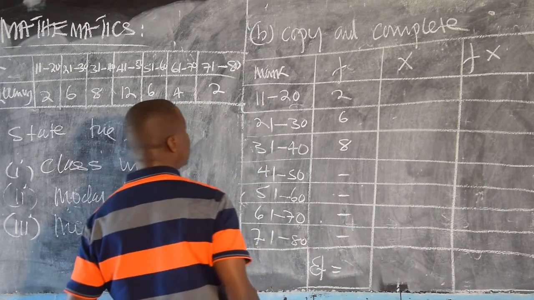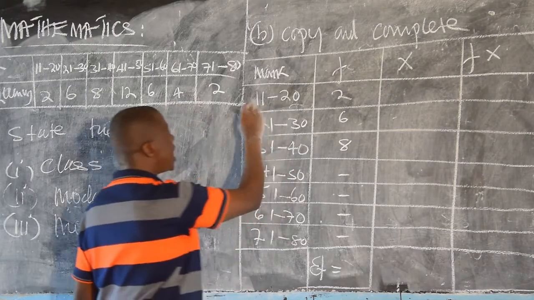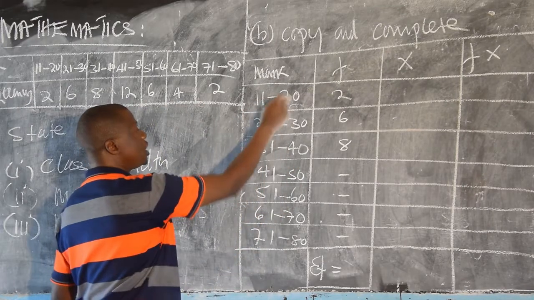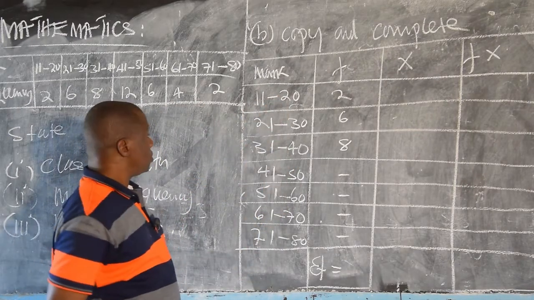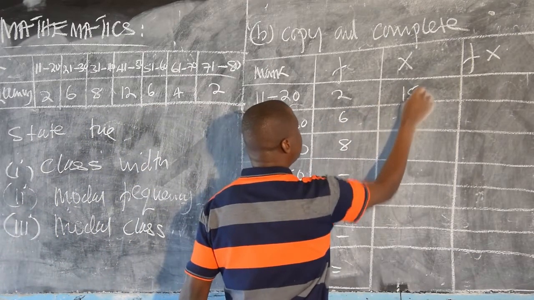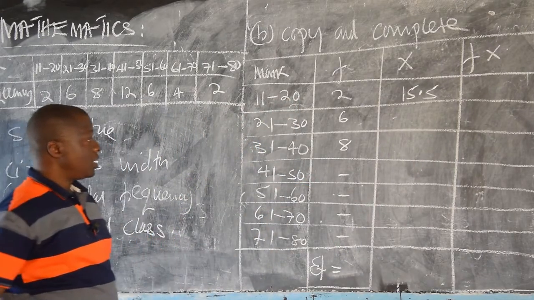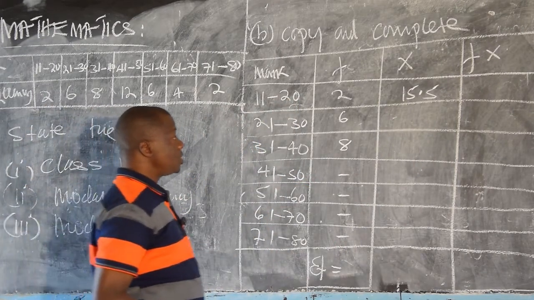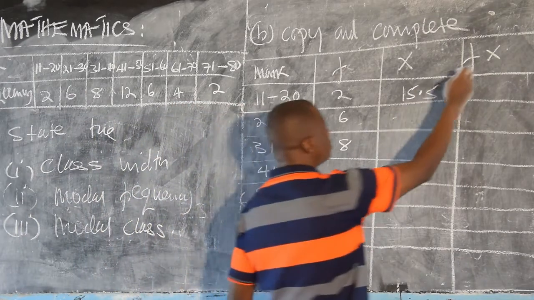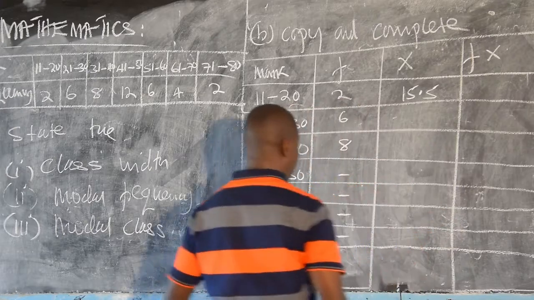Fill in. At the midpoint we add. So when you add here, it gives 31.5. So this one is going to be 15.5. Add and divide by 2. So here you are supposed to multiply f times x.